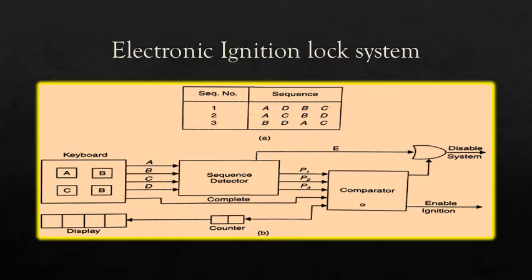On this basis, the following sequences are proposed. There will be 4 buttons labeled A, B, C and D. 3 legal sequences are listed in the figure as shown here.